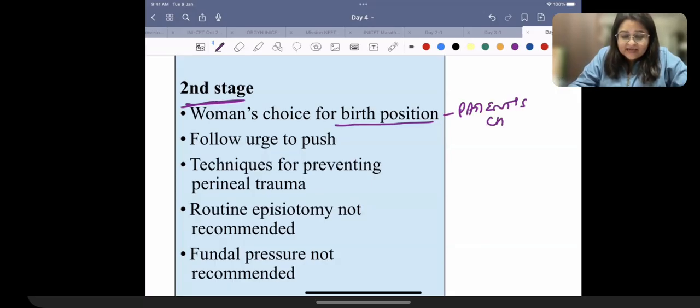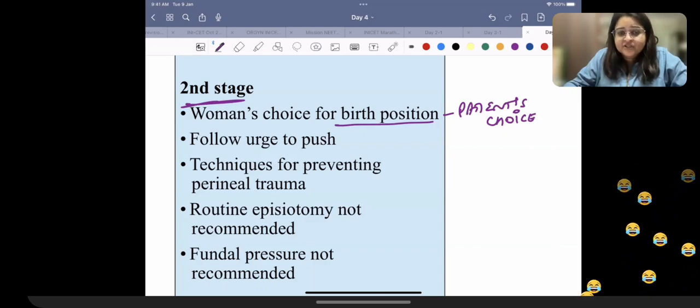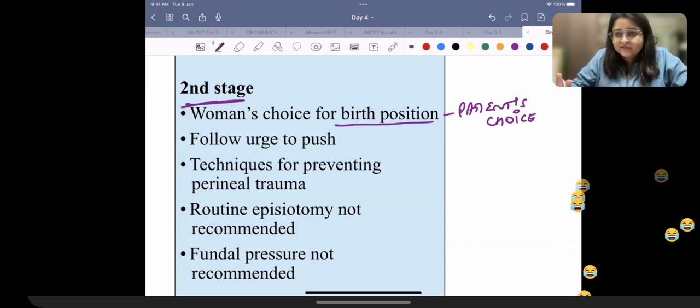She wants to stand and give birth, let her stand and give birth. She wants to squat and give birth, let her squat and give birth. She wants to lie on the lateral side, she wants to deliver in water, it's her choice. Okay? So this is a bit extreme, but the WHO says encourage whatever choice the patient wants.